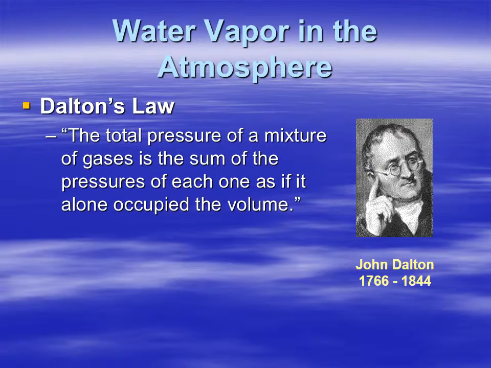This brings us to Dalton's law. Dalton's law is basically the law of partial pressures. Dalton lived back in the 18th century, and he came up with a concept saying that the total pressure of a mixture of gases, meaning several different types of gases all mixed together, such as oxygen, nitrogen, argon, water vapor, carbon dioxide, is the sum of the pressure of each gas if it occupied that volume all by itself.